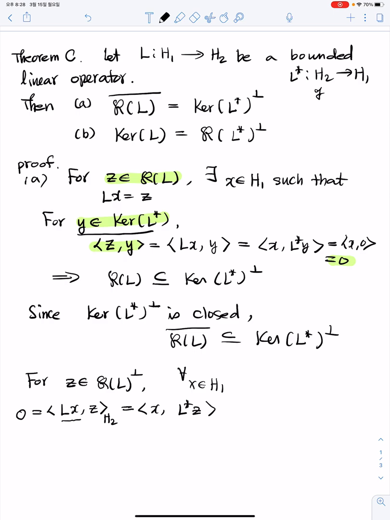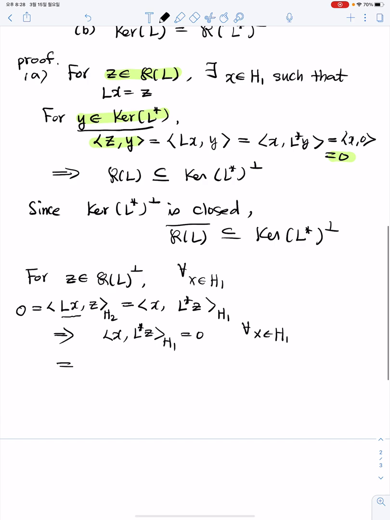So this one has to be the H1 inner product. Okay. So this is 0 for every x, so that implies what? The inner product of x with L star Z in H1 is always 0 for every x in H1. And then by the property of the inner product, L star Z equals 0.